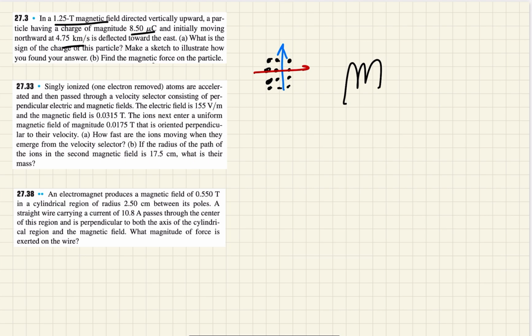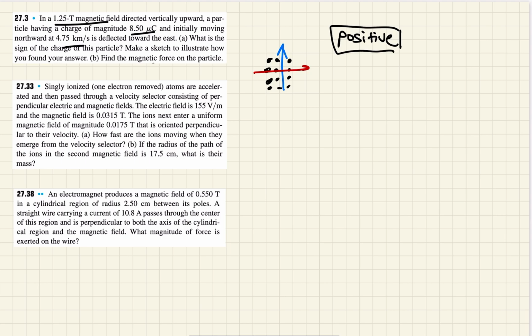You point your fingers in the direction of the velocity, and you curl it upwards. Your thumb is going to have to point this way. That's your hand. It doesn't look like a hand, but that's your hand. Your thumb is pointing to the right, and the force is pointing to the right, which means that it is positive. If it were a negative charge, you would have to flip the direction of the thumb to get the force. It's going to be positive.